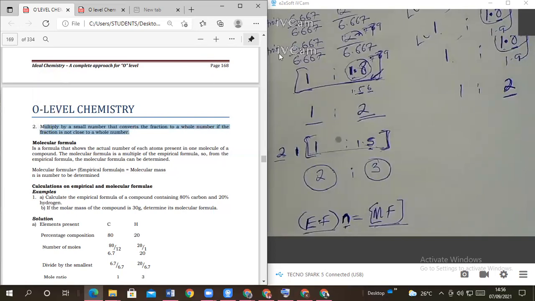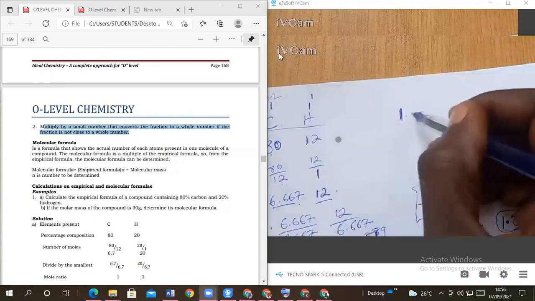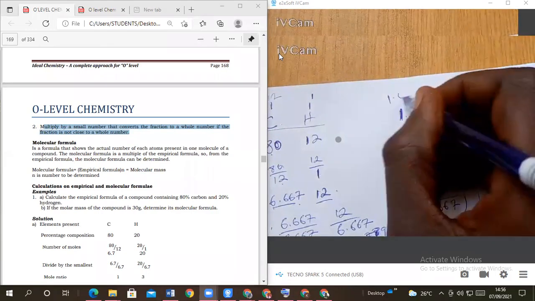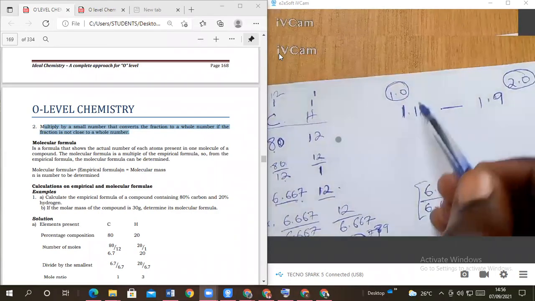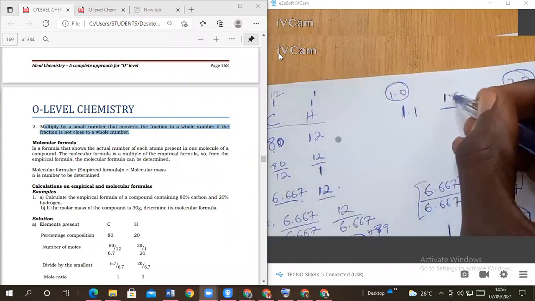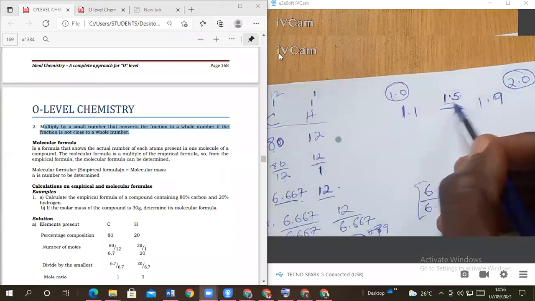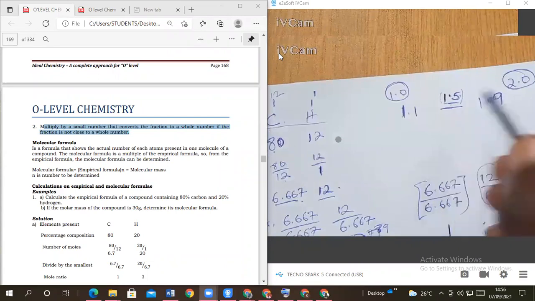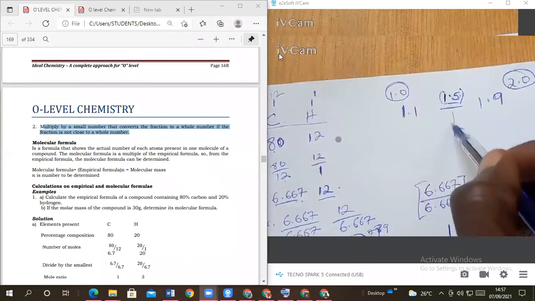So how about, instead of us having 1.8, we have like 1.6. Now, will you round it off to a whole number? That is 2. And now the numbers start from 1.1, isn't it, to 1 point what? 1.9. So the next number is 2. So if it is 1.1, now you have reached the middle, it's 1.5. When it comes to 1.5, you can multiply this by any number and it gives you an exact number.